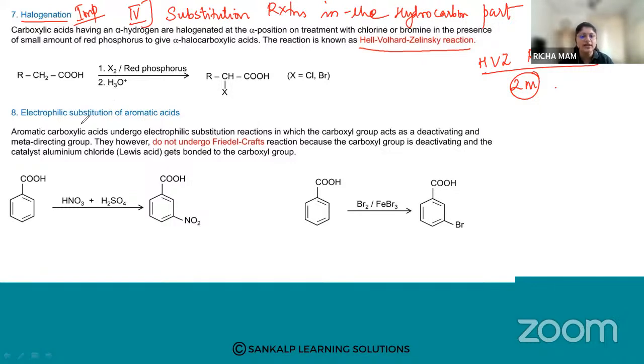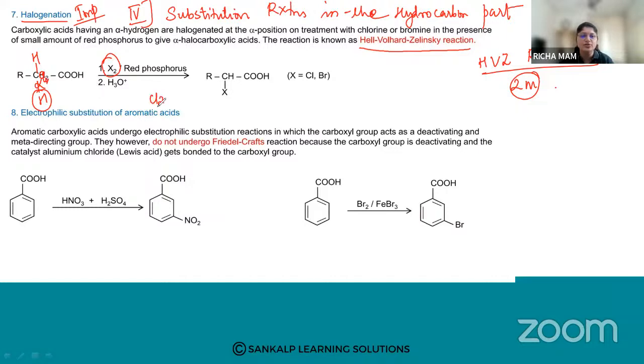The carboxylic acid having alpha hydrogen. So this is a carboxylic acid, and this is your alpha carbon. To this, two hydrogens are present, so there is an alpha hydrogen present. We are going to treat this carboxylic acid with a halogen, X2.